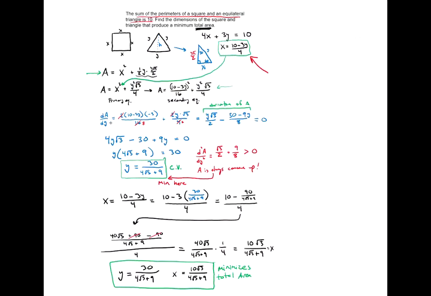So we took the derivative, set the derivative equal to 0, solved, found a critical value, and then used the second derivative test to verify that a minimum did occur at that critical value. And once we had that value for y, we went back to our relationship between x and y and solved for x. All right, that does it for this one. I hope it helped.